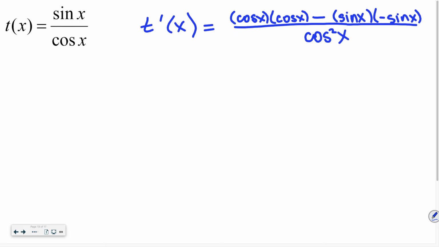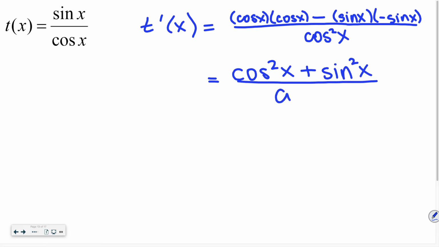Now, we can make this look prettier, can't we? Without having to think too hard, we know that this is cosine squared plus sine squared over cosine squared.